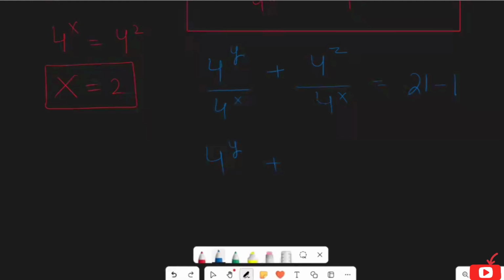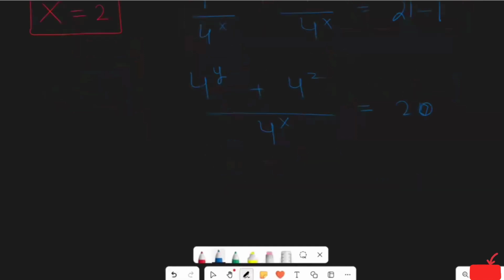So this will turn to 4 to the power of y plus 4 to the power of z, divided by 4 to the power of x, is equal to 20. Now in the next step, I am going to take this 4 to the power of x to the right hand side. So this will turn to 4 to the power of y plus 4 to the power of z is equal to 20 times 4 to the power of x.